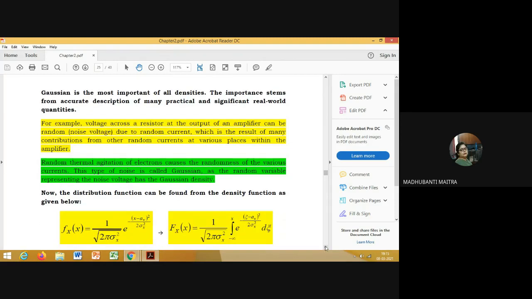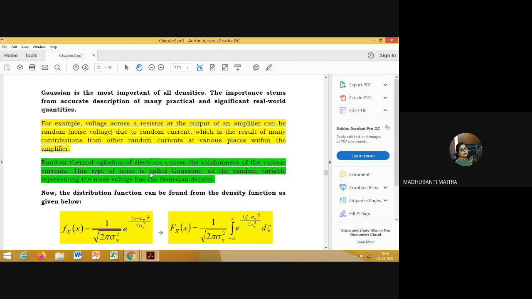Let's see the next point, random thermal agitation of electrons. Thermal agitations of electrons are basically random in nature. The motion of the electrons is random in nature. That we know from the knowledge of basic physics. So random thermal agitation of electrons causes the randomness of various currents.